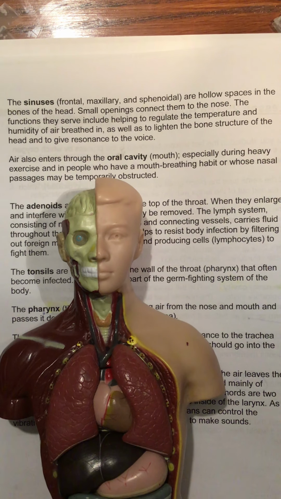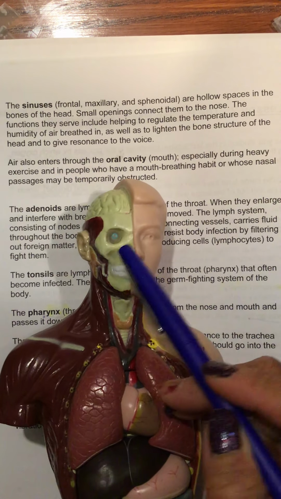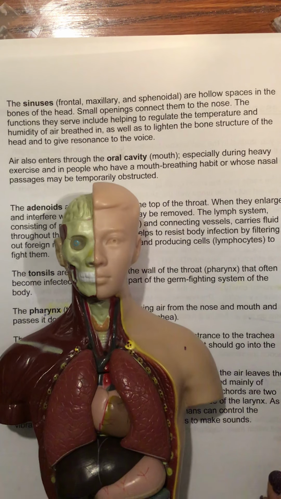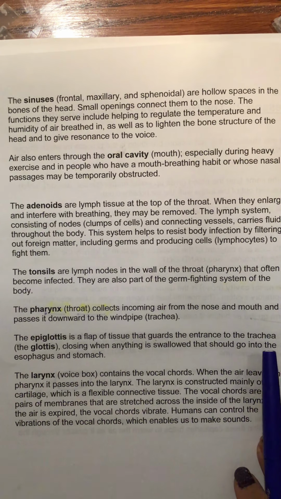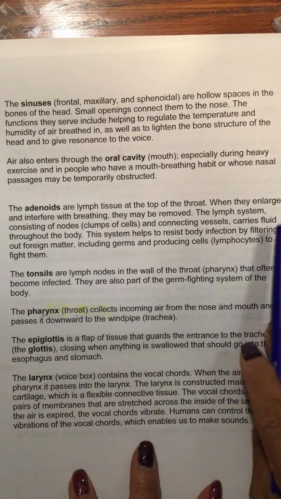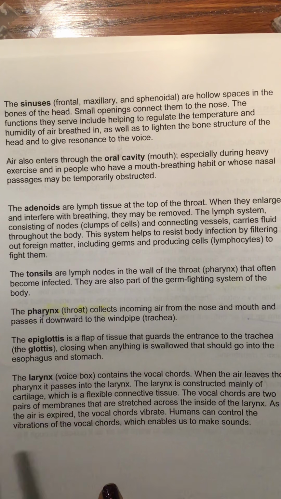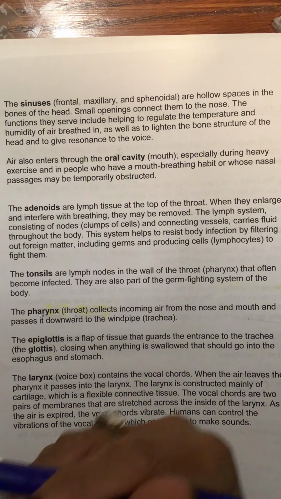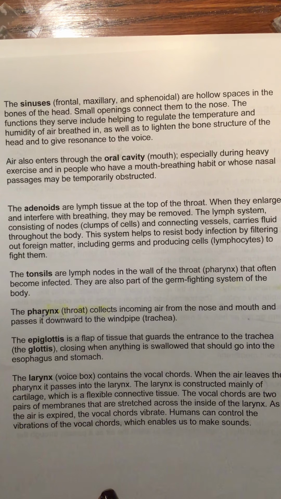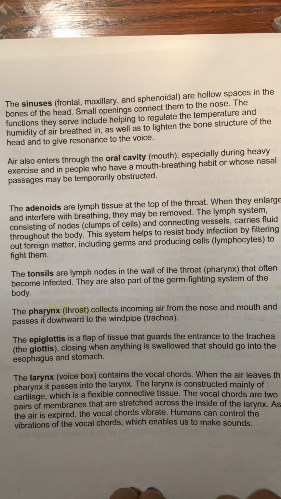Sinuses are hollow spaces in the bones of the head. So this is inside our skull. And there are small openings that connect them to the nose. They are for helping regulate the temperature and the humidity of the air that we breathe in.